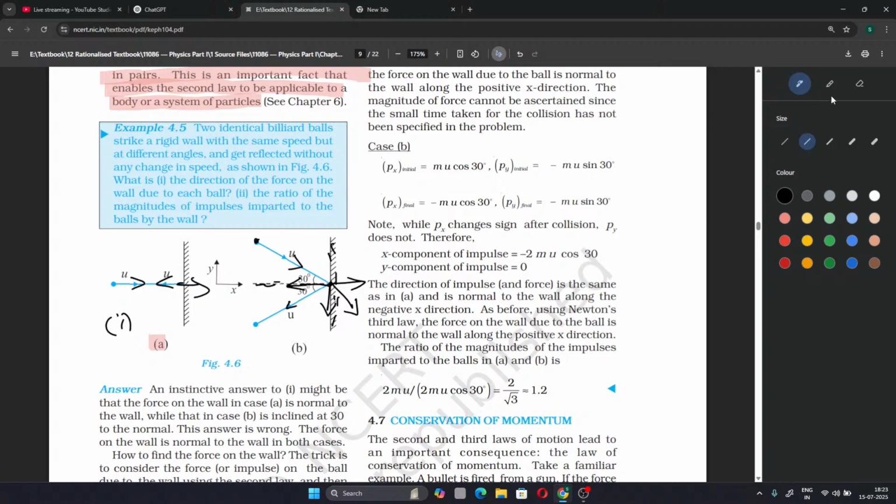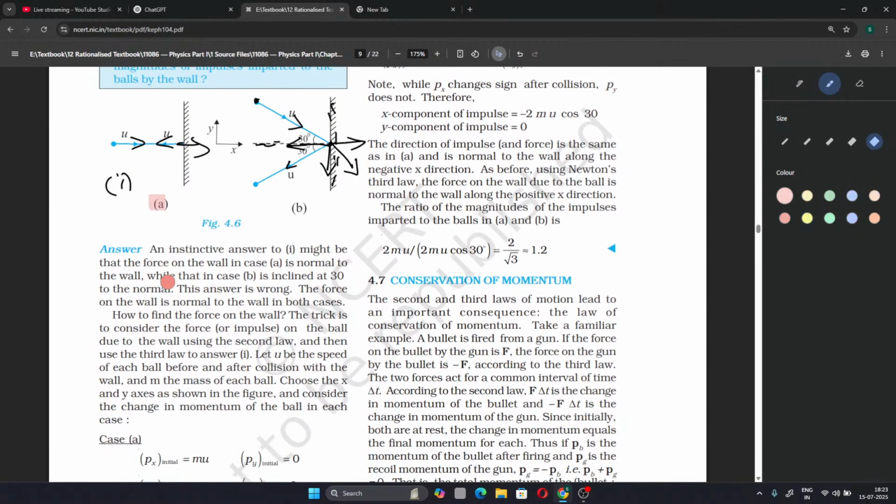Okay, then let's read what answer they give. The first thing is the direction of force. An instinctive answer might be that the force on the wall in case of A is normal to the wall, while that in case of B is inclined at 30 degrees to the normal.